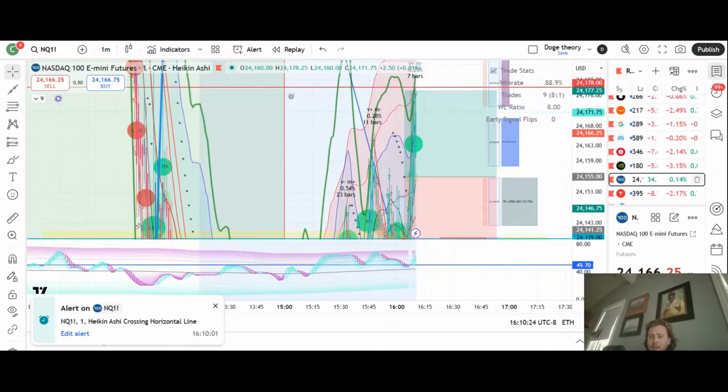Did we actually get it? 38.8. Okay, I think that means tomorrow we start with that many combines.